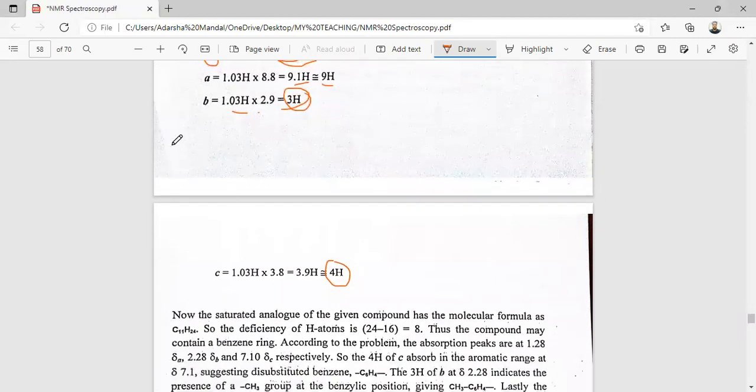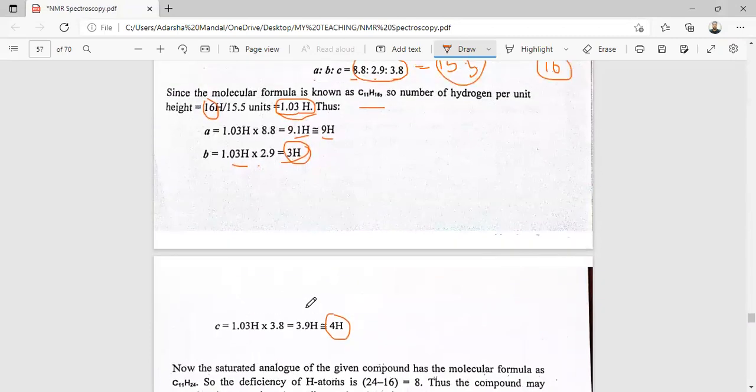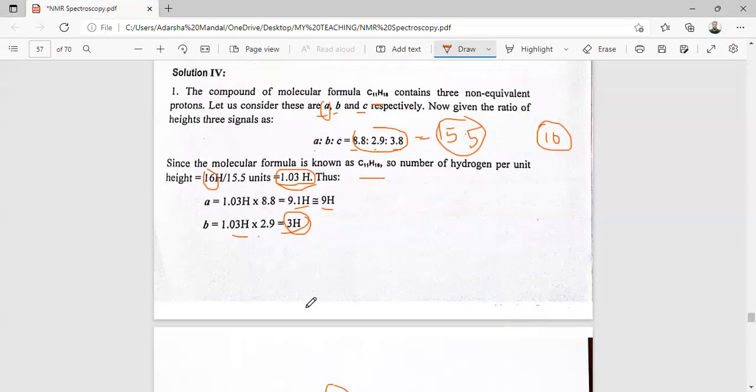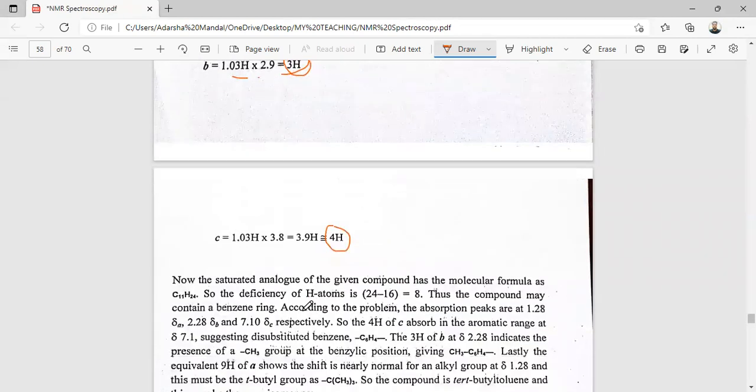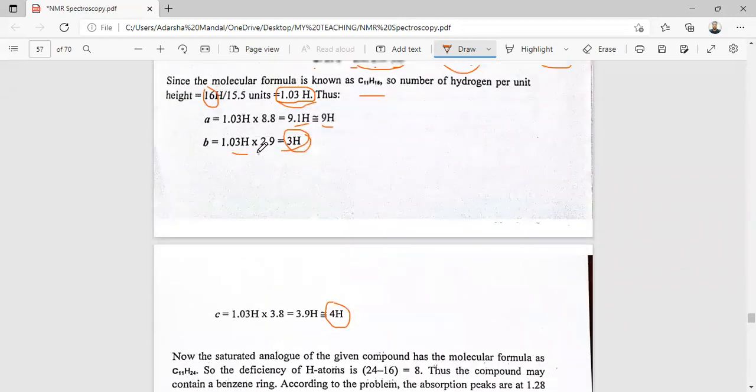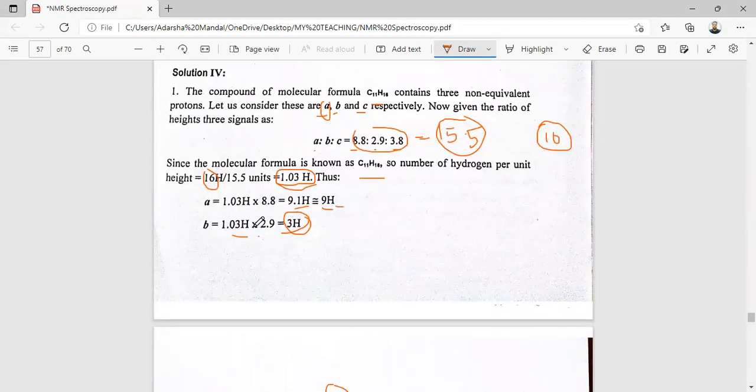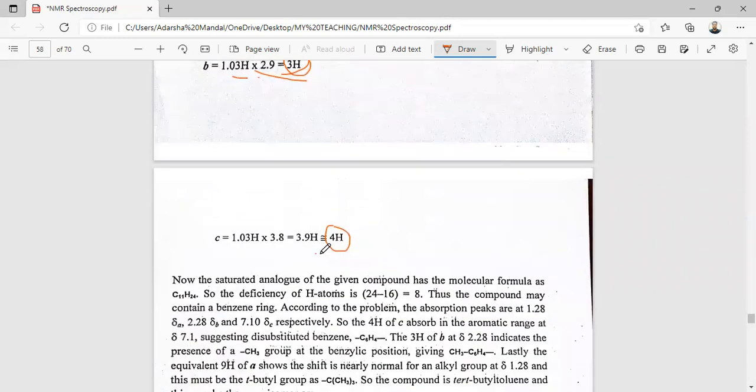So here the A type of proton is 9, B type of proton is 3, and C type of proton is 4. Now the saturated analog of the given compound has the molecular formula C11H24. So the deficiency of H atoms is 8, thus the compound may contain a benzene ring.